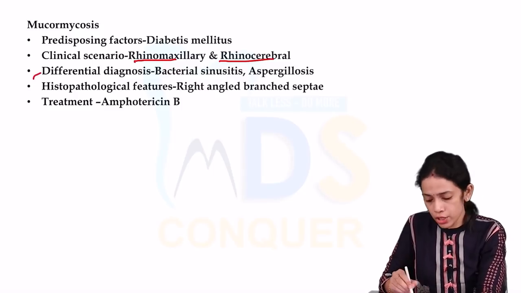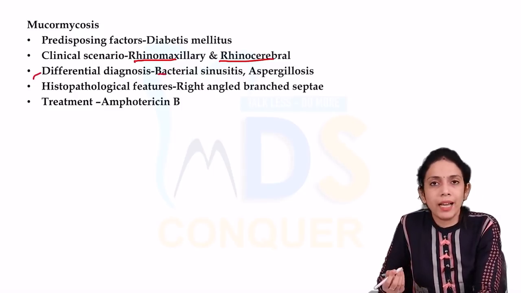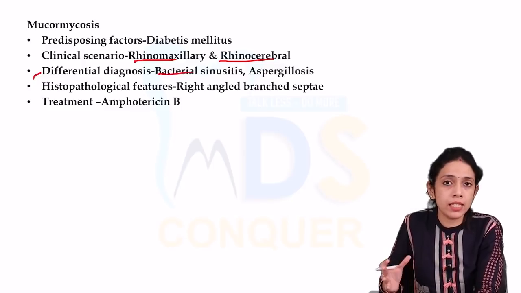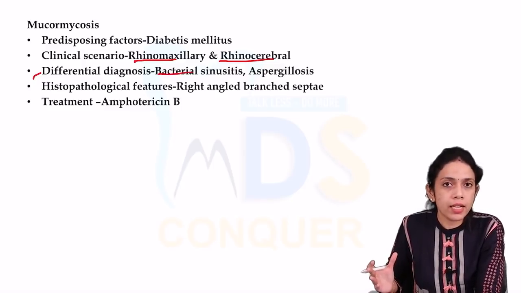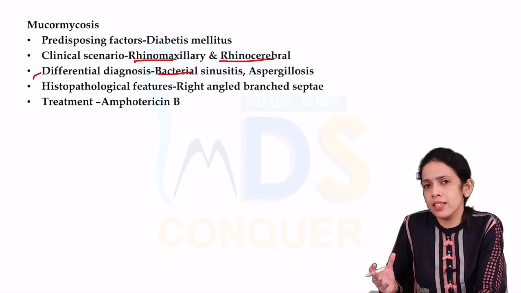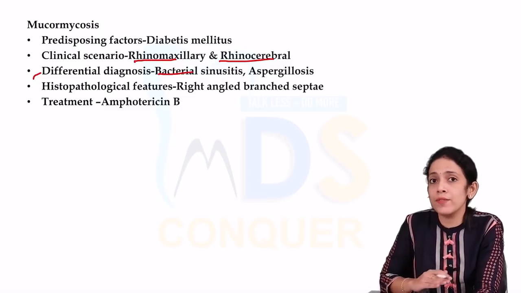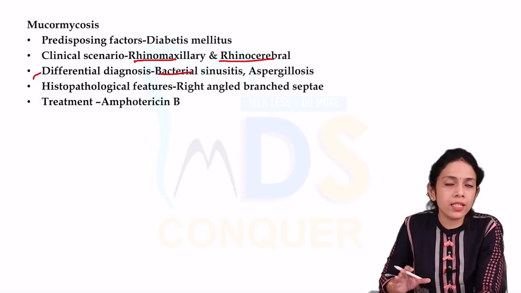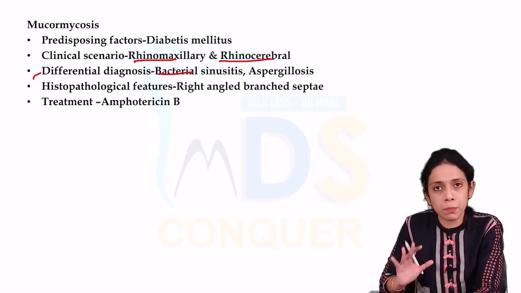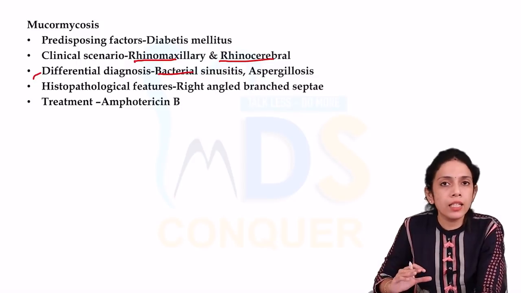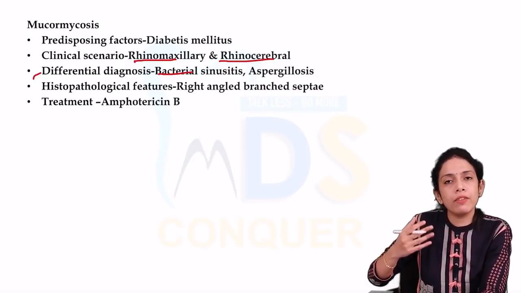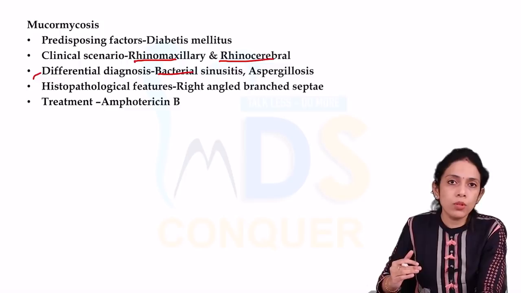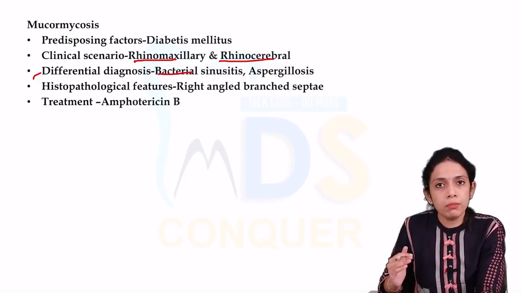Next, coming to the differential diagnosis. Bacterial sinusitis, yes, because the CT has revealed paranasal sinusitis, so you can consider bacterial sinusitis, but the patient will not have such severe symptoms as given by this patient. In bacterial sinusitis, the patient will just have pain and heaviness in the sinus, and that heaviness can be felt over the molars, over the roots of the upper maxillary teeth.